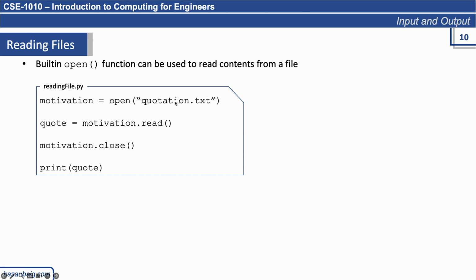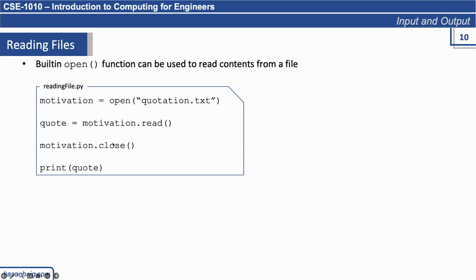We are creating an object with the help of the open method, and we are giving it a name, motivation. It's the same as when we used classes, the Toyota car, remember? We created an object with the help of Toyota car and gave it a name, Highlander or Corolla, whatever. Here we are giving it a name, motivation.